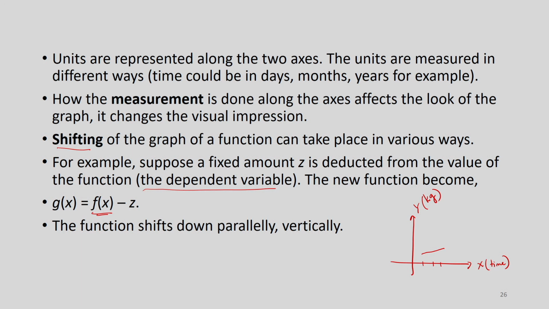Now, if you deduct the z from f x, then you get another value which is, let us suppose, g. Remember, f itself was a function of x. So, g will also be a function of x. So, g x is equal to f x minus z. In this case, what will happen if I use the same coordinate system here?